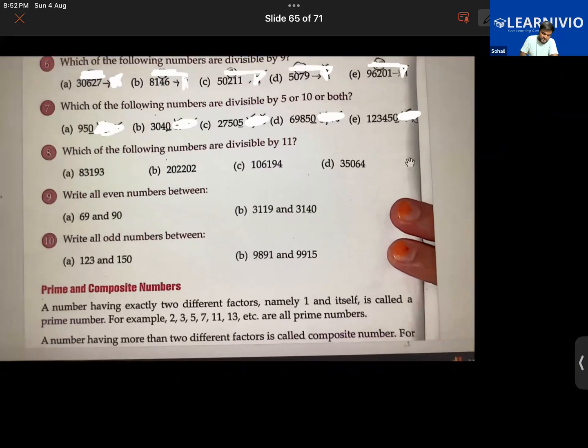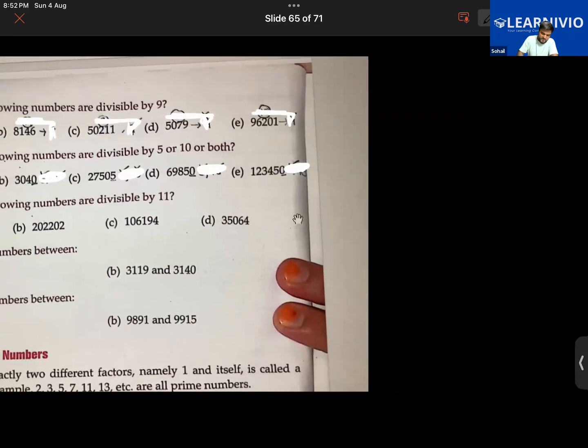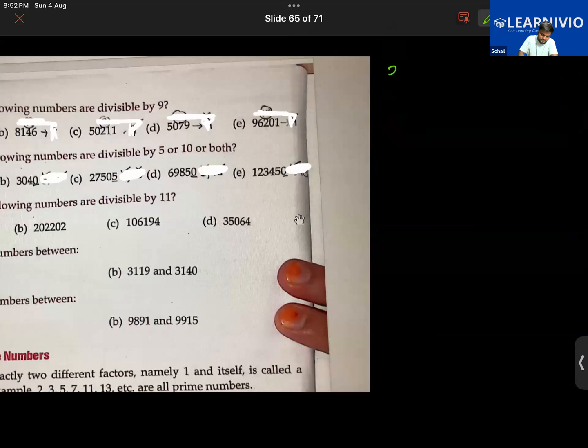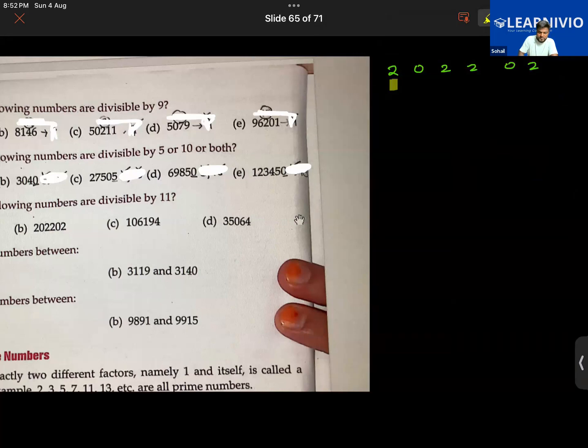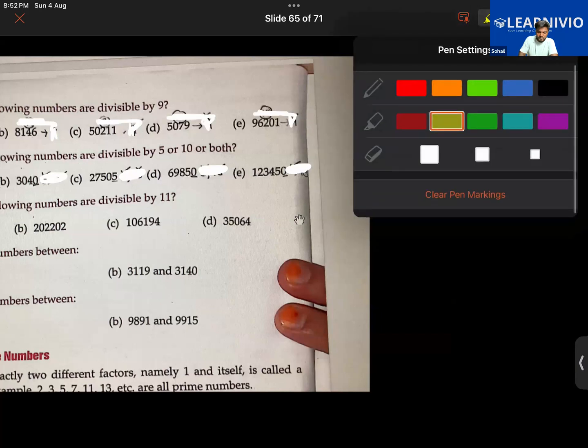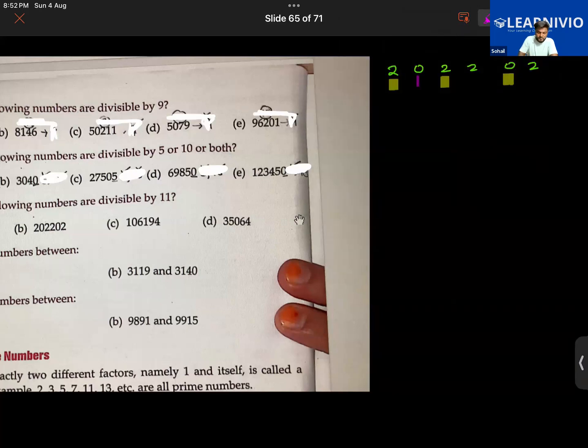So what alternate pairs have we taken? Habib, you will take this two. What were you saying? I got sum as 0 and difference 0.